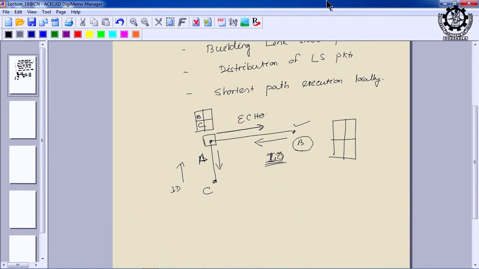and it ensures that these IDs are unique to the subnet. Now, a question comes. Let us say there is a LAN, and this LAN is connected to 3 subnets. Let us say here is one subnet, another subnet is here, and another subnet is here, so 3 subnets are connected.